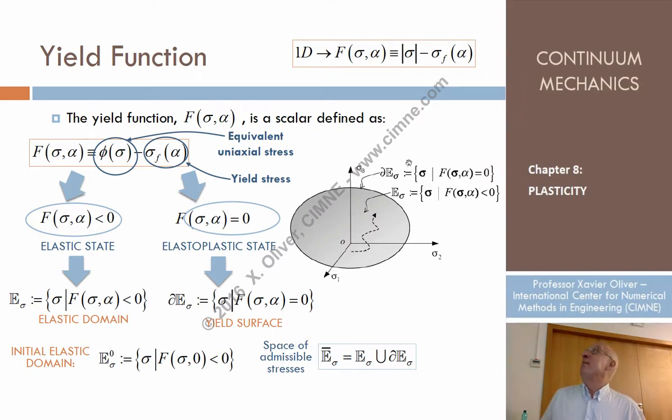But look, by changing the value of alpha in that equation, the size of the surface changes. So this surface expands, the elastic domain increases, and we have what we call hardening. The material hardens. As this surface expands, the size of the stresses that can be achieved by the material, even in 3D cases, is large. So we talk about hardening.